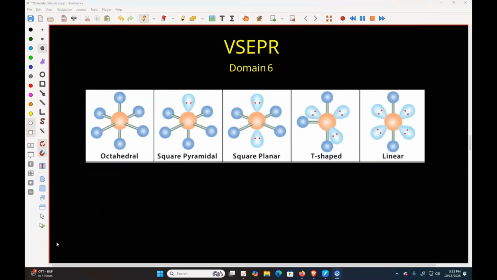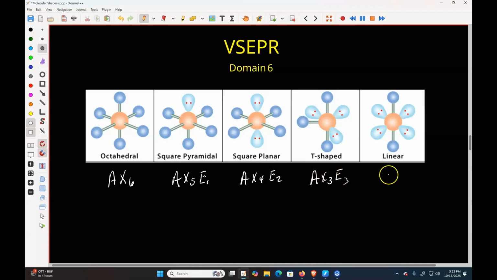The last domain that we'll be discussing will be domain 6. So it would be AX6, AX5E1, AX4E2, AX3E3, and AX2E4.